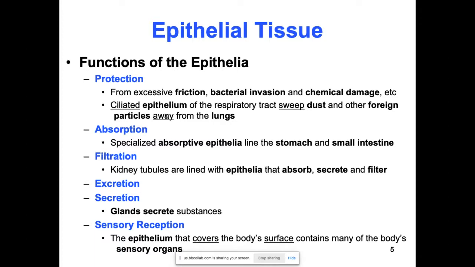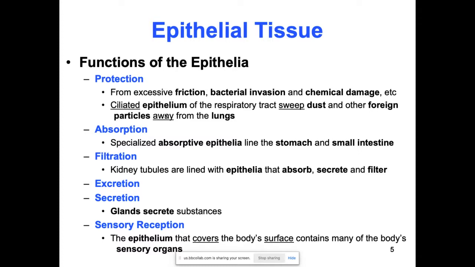Okay, and that's where fertilization would take place. But then the cilia beat rhythmically to move that fertilized egg down into the uterus where it belongs so that implantation can take place.